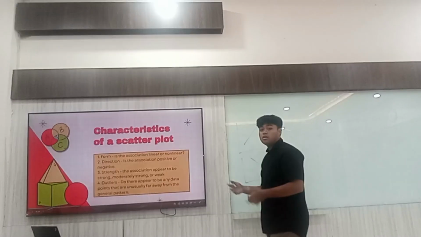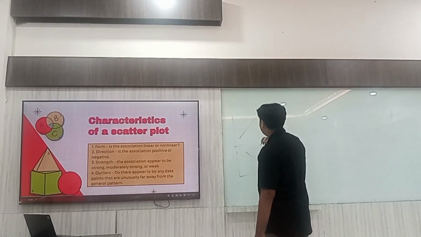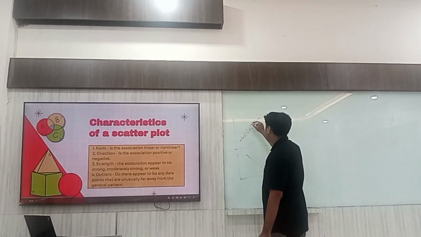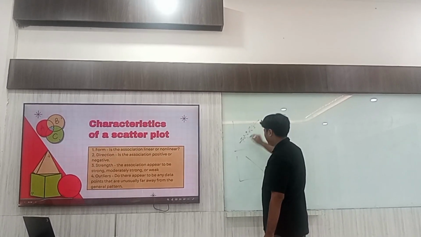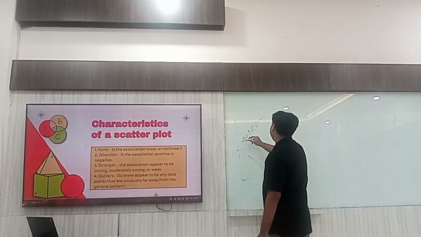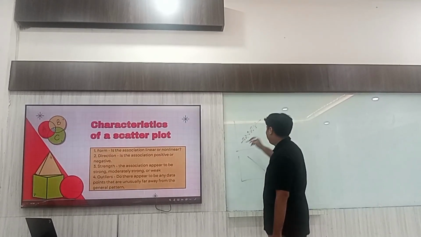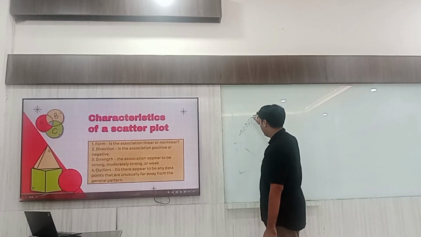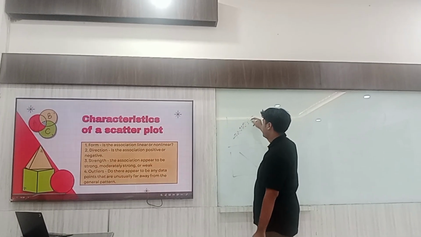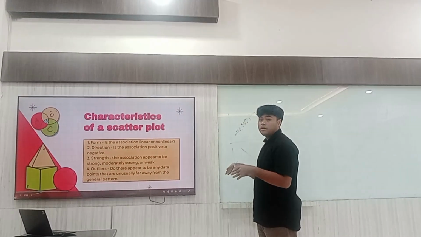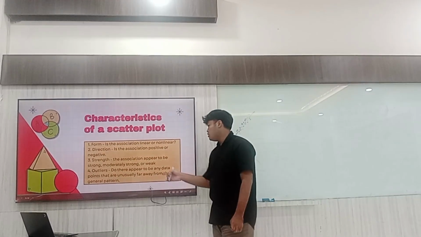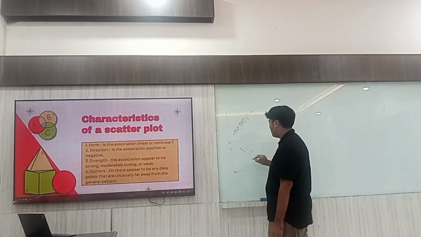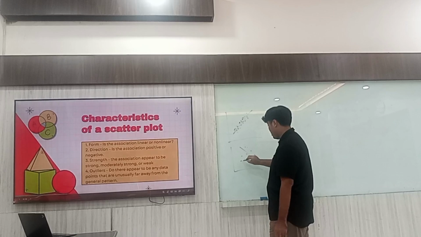A strong condition can happen if the dots in the scatter diagram can be like a straight line and close to each other, and the moderately strong is not too close.